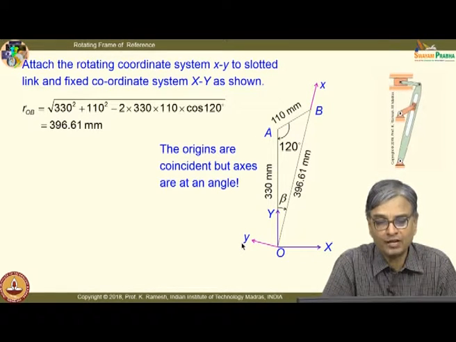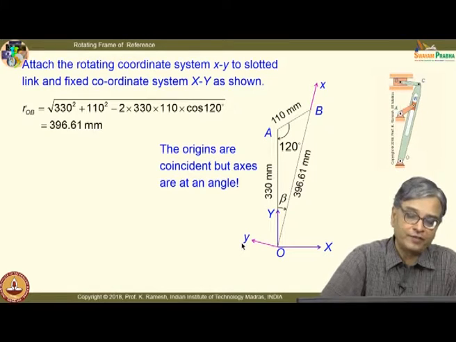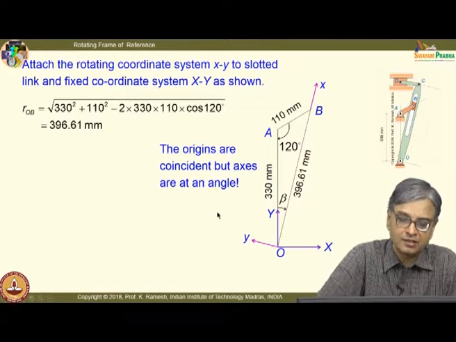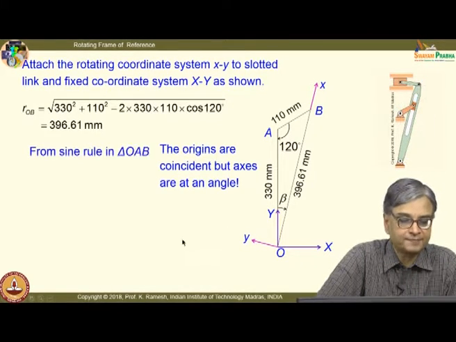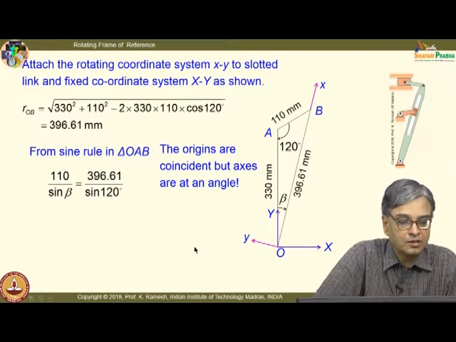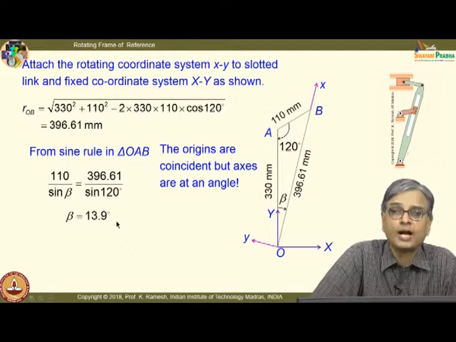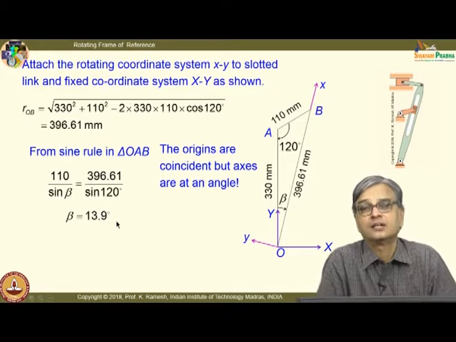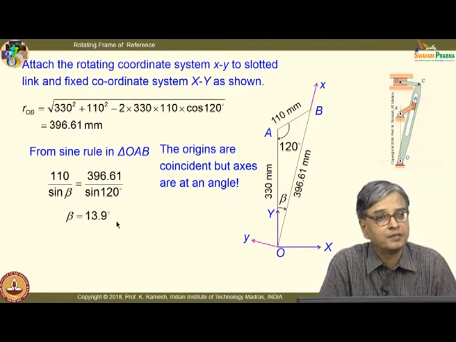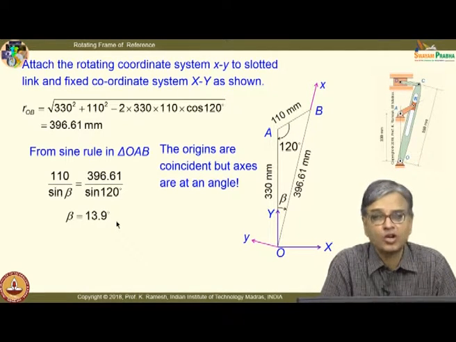So, instead what I will do is, I will find out everything with respect to small xy. So, we need to get certain other quantities. So, I get the angle beta as 13.9 degrees. So, you have to bring in your sine rule, property of triangles. For solving a problem you need that as well.